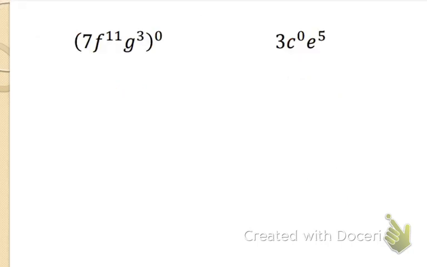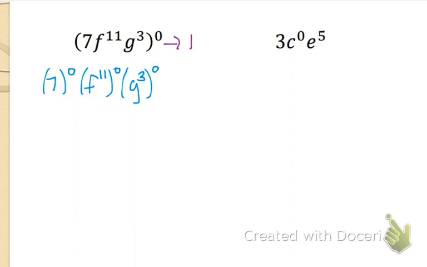Next one. Anything to the power of 0 will result in the answer of 1. But we need to check if this is true by applying the previous rules. So I'm going to separate everything first, and then I'm going to apply the rule that says multiply the exponents, power of a power.